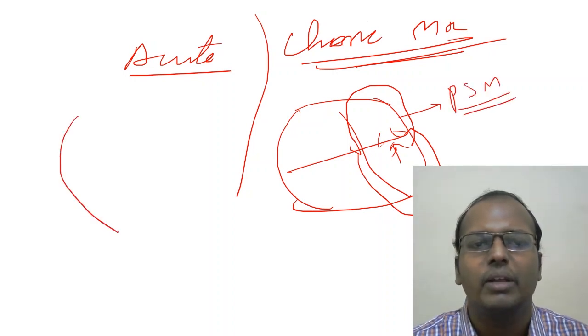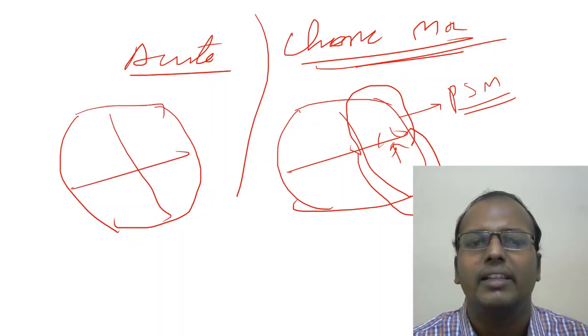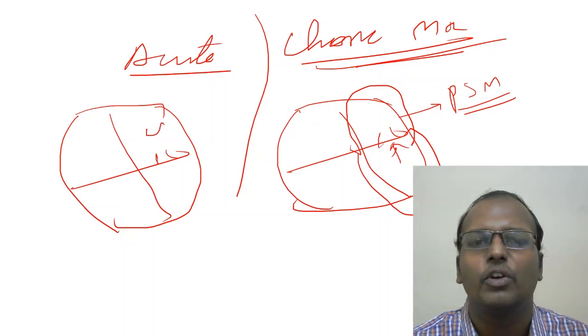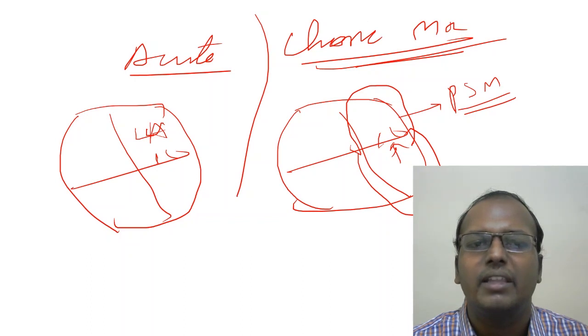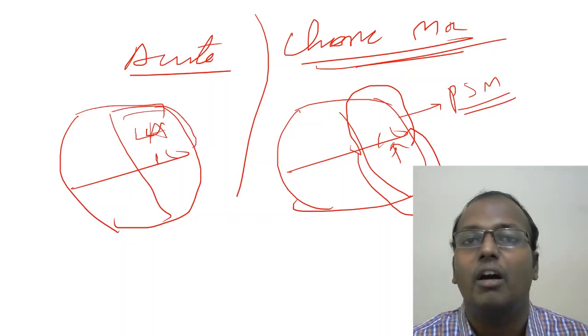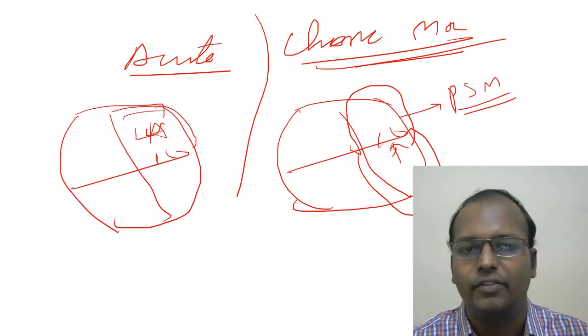Whereas in acute MR, the left ventricle is small and the left atrium is small, and suddenly the valve is prolapsing into the left atrium. The left atrium will not be able to accommodate all the blood being pushed by the left ventricle.